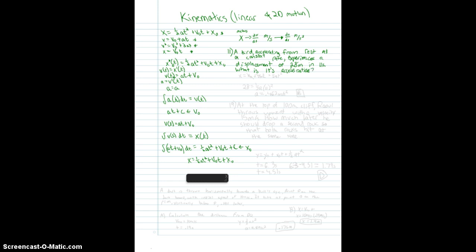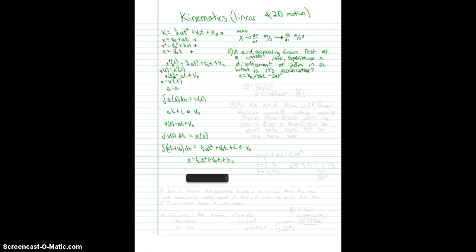Well, we can easily find that using the x equals x sub o plus v sub o t plus 1/2 at squared equation. Simply plugging the values in that we have, we know that the initial velocity is 0, so that cancels out.